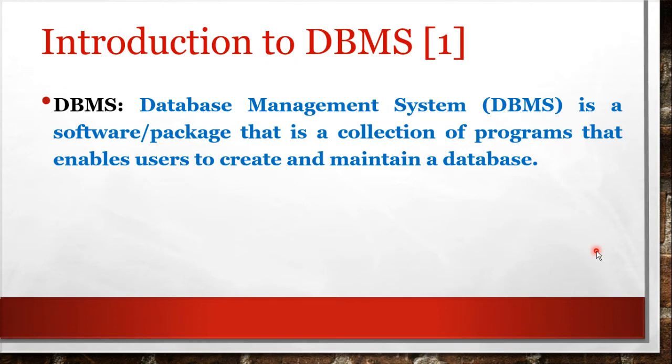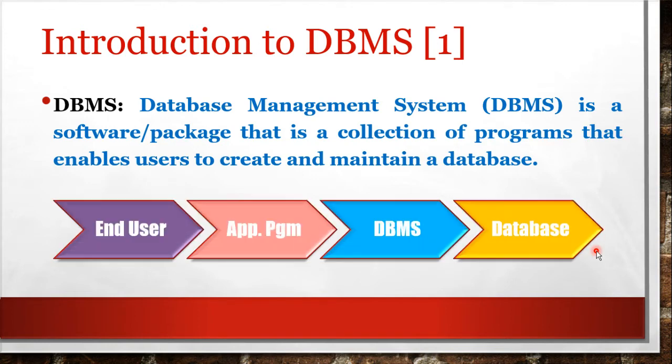Okay, so we can see the hierarchy: we have an application. For example, if we are using Facebook and we want to update our username, our name, or any other information on the Facebook server, every record is maintained by the Facebook database, and to access it we have a particular application on our mobile or desktop.